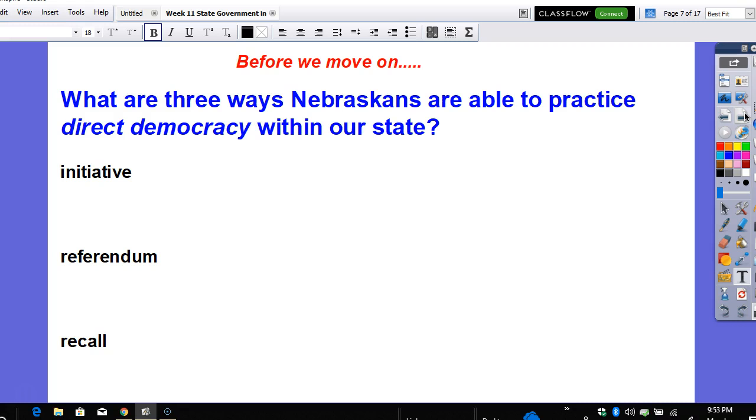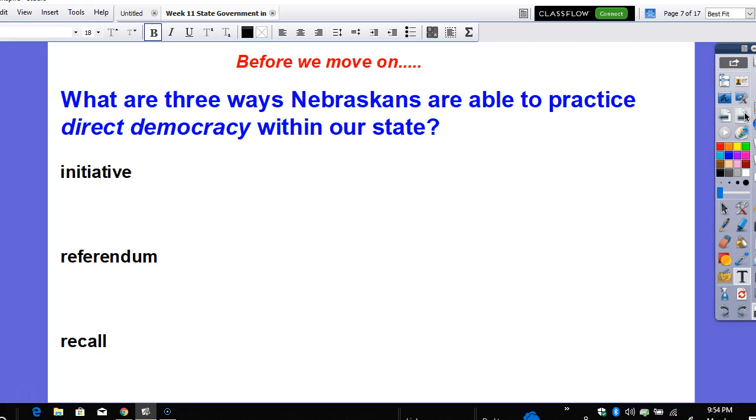The third way we have direct democracy in our state is by what we call a recall. A recall is when an elected official, either at the county level or the municipal level, is considered to be removed from office. We've had this happen here in Cedar Bluffs, where a member of our village board was recalled. Works the same way as an initiative or a referendum.